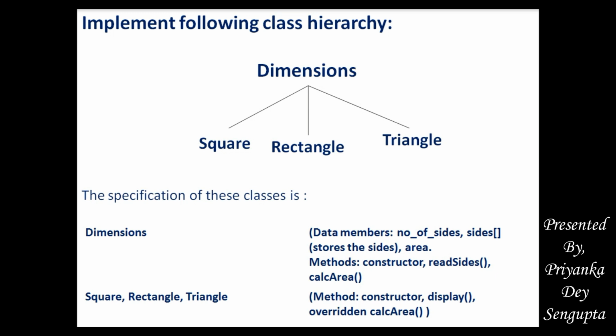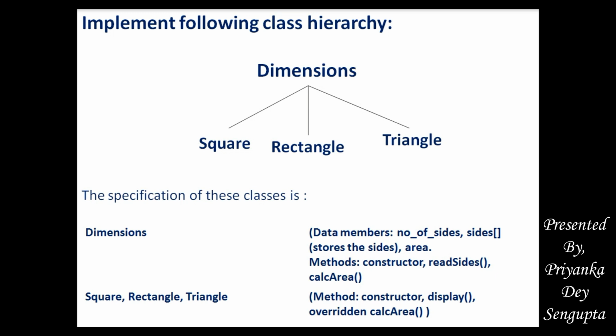The dimension class has data members as number of sides, an array as sides and the area to calculate the area. It has methods: a constructor method, read sides to input the values of the sides, and calc area method to calculate the area.